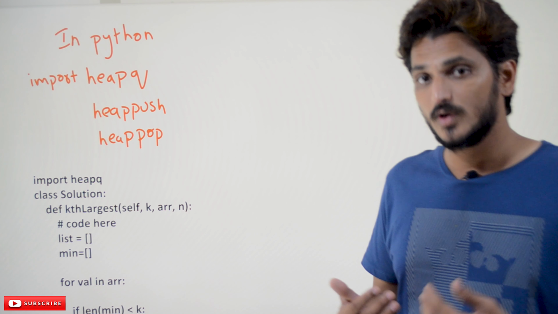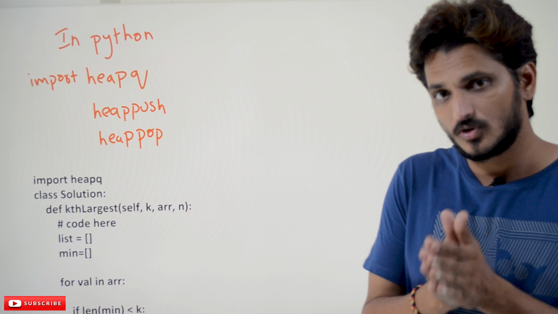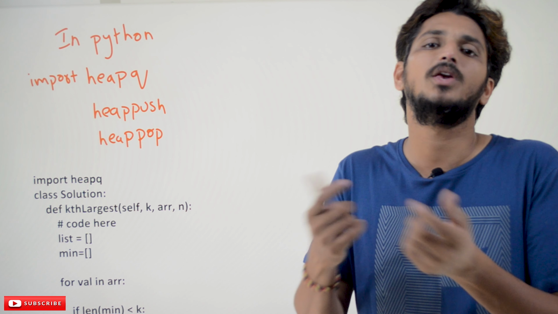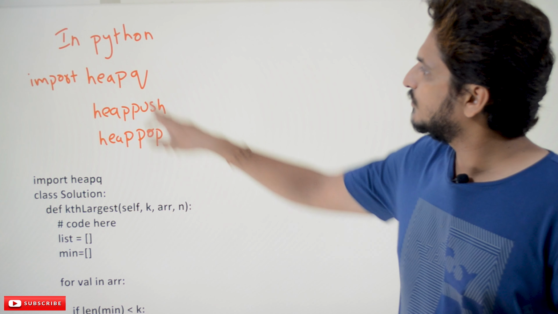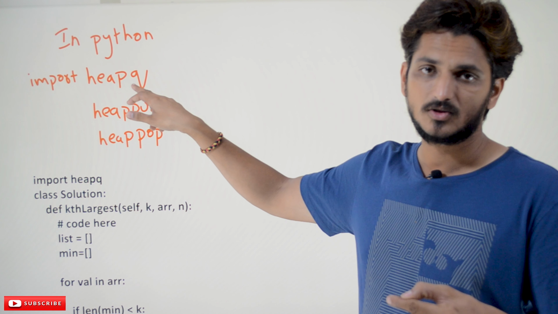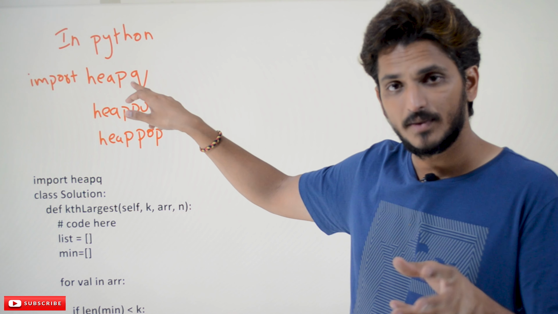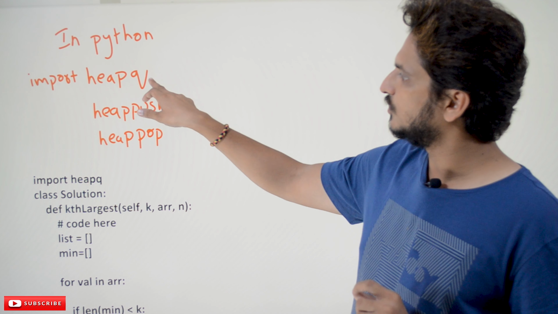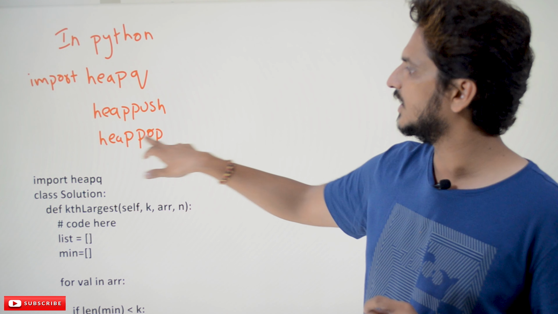In the examples based on the heap, we are going to use the inbuilt class called Heap Queue. Heap Queue is a class which is already implemented in Python, and it implements a min heap. In this heap queue class, we have heappush and heappop functions.